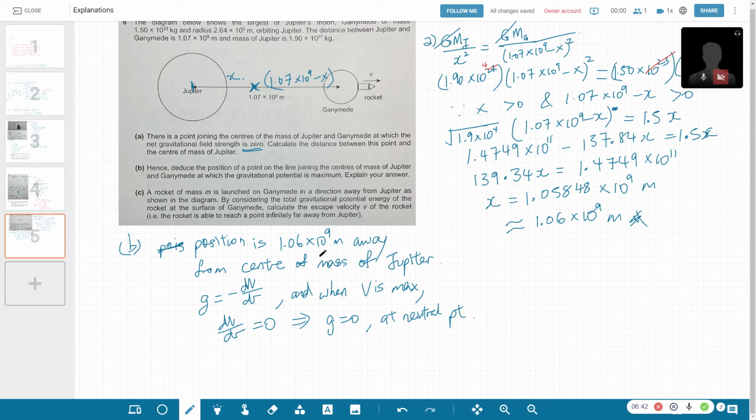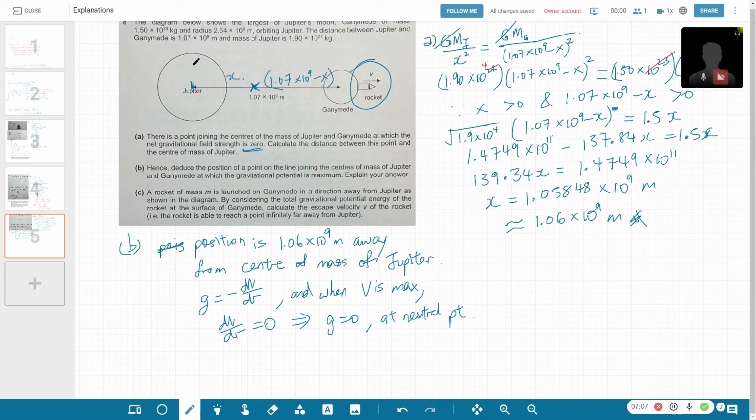Last part. A rocket of mass m is launched from Ganymede in the direction away from Jupiter, as shown in the diagram. By considering the total gravitational potential energy at the surface of Ganymede, calculate the escape velocity. This is where the rocket is.